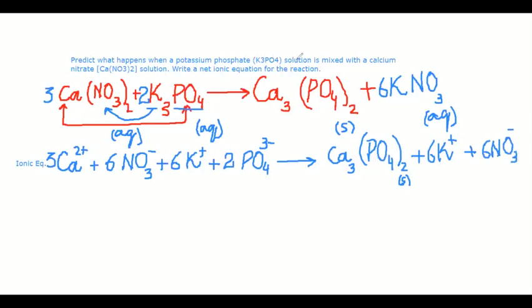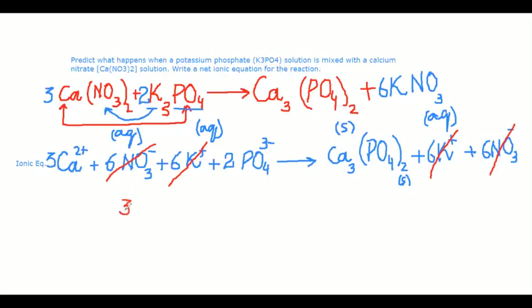Okay friends, which ions are same on both sides? 6K positive, 6K positive will be cancelled. 6NO3, 6NO3 will be cancelled. The rest will be the net ionic equation.